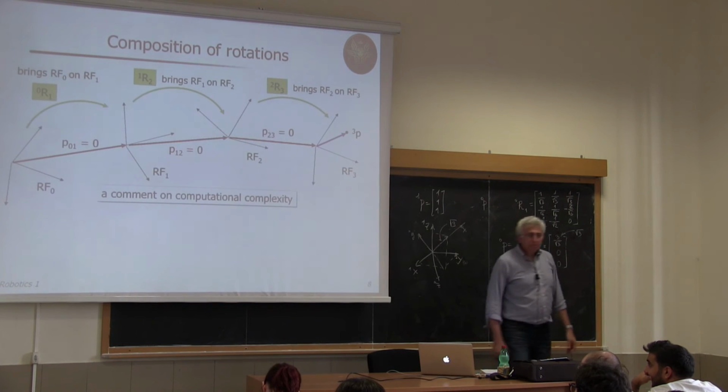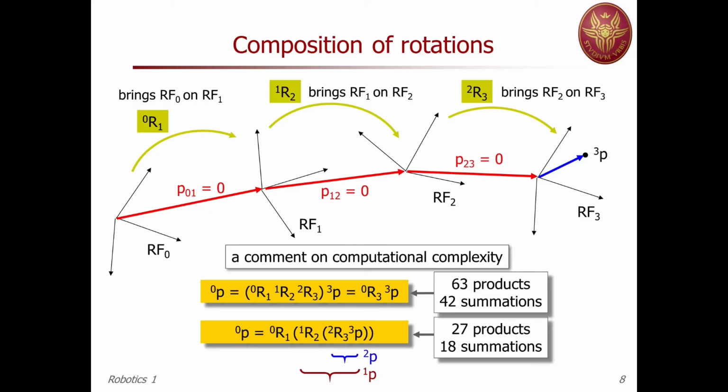Okay, now a short break, which is of a computational nature. Suppose that now we have several reference frames, and it's not by chance that I'm using this example, because this is exactly what will happen in the direct kinematics of a manipulator.